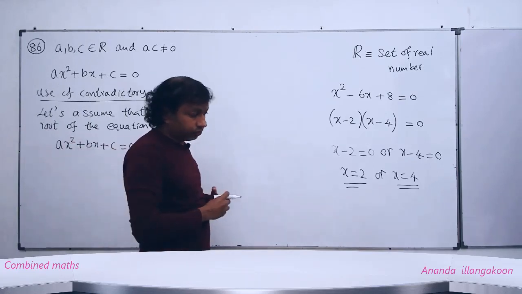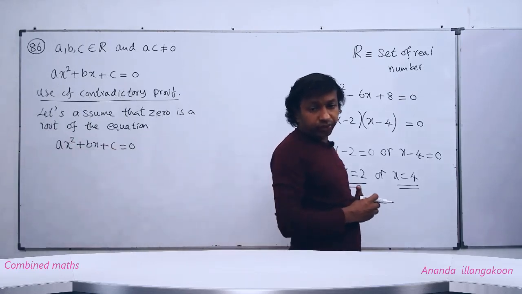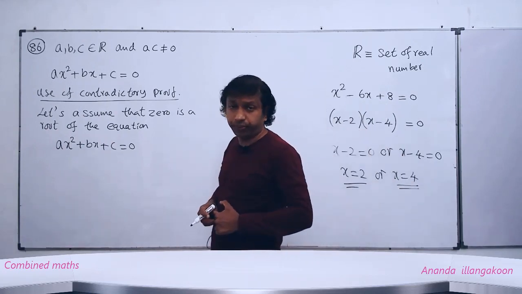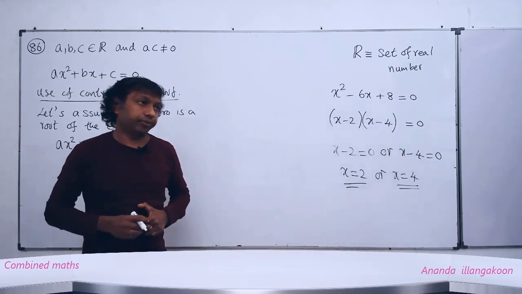This way we assume. Let's assume that 0 is the root of the equation ax squared plus bx plus c equals 0. Okay? Right.